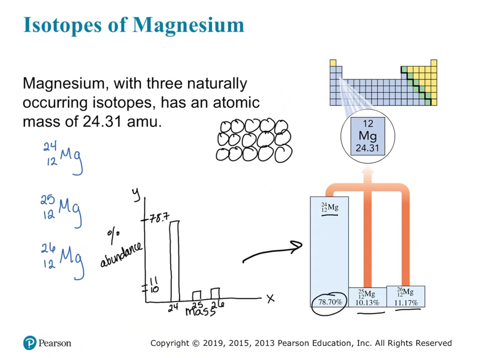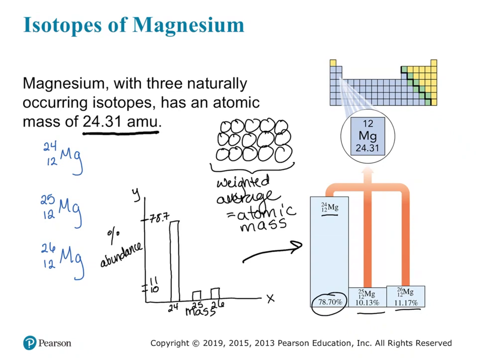So what we'll do is just take a weighted average of all of those masses, and that will equal something called the atomic mass. And that atomic mass for magnesium is 24.31 atomic mass units. And that kind of makes sense.